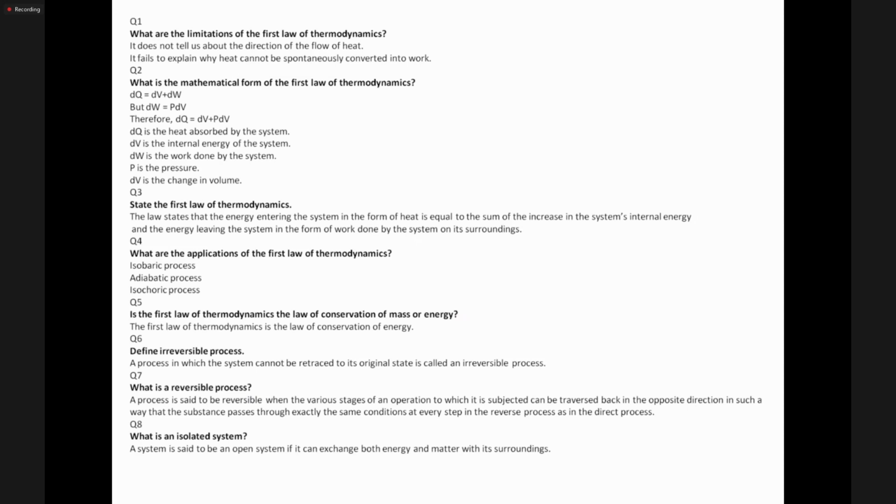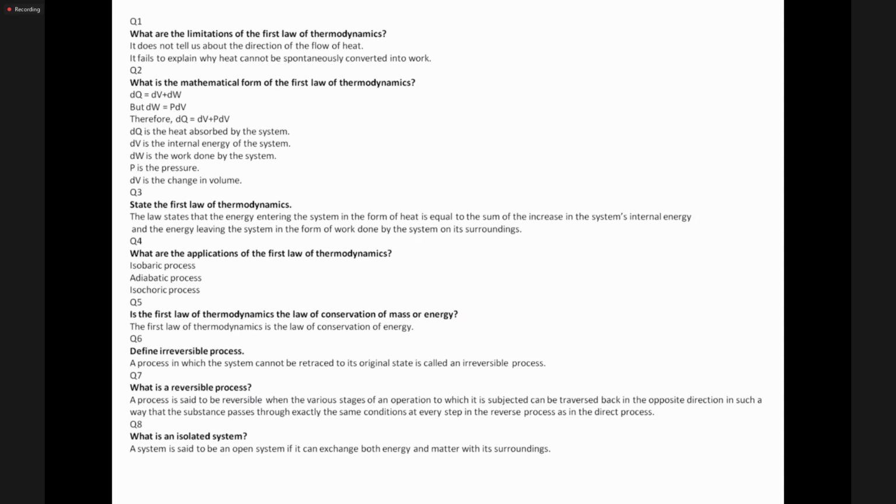What are the limitations of the first law of thermodynamics? In the first law of thermodynamics, we have seen some very important points: the relationship between internal energy, Q, that is the heat involved, and W, that is the work done. But a single law cannot explain all the experimental results. That's why the first law also has some limitations or drawbacks.